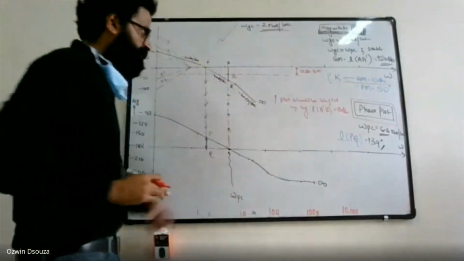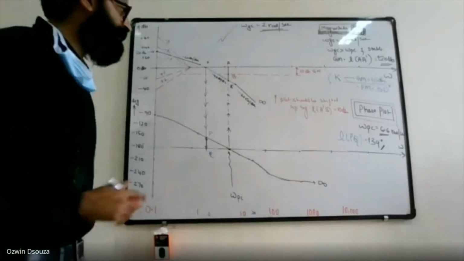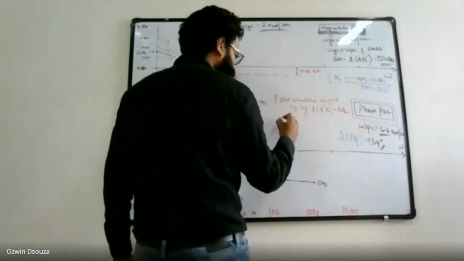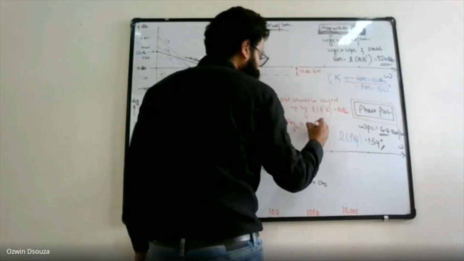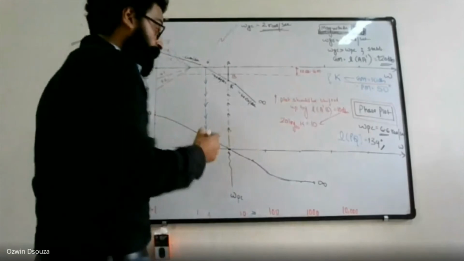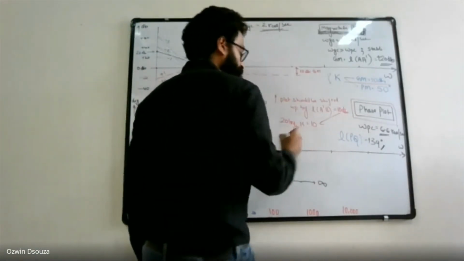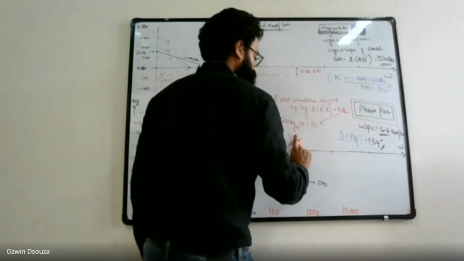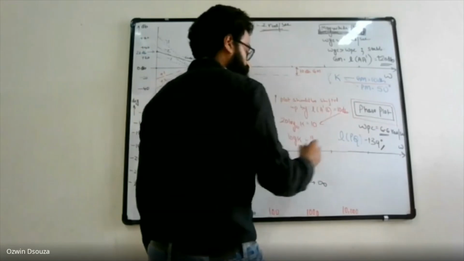So the plot should be shifted up by 10 dB. This can be done by incorporating the K value. So 20 log K is equal to 10 dB, or log K is 10 by 20.